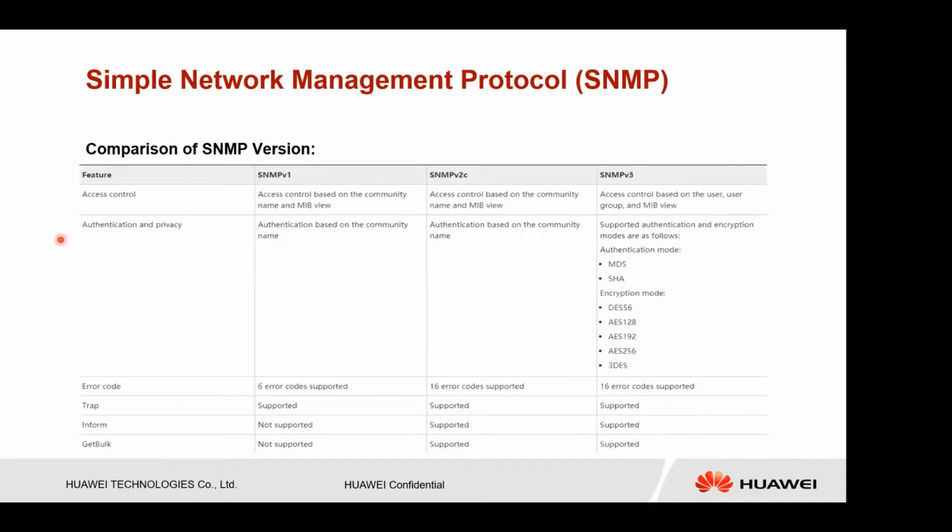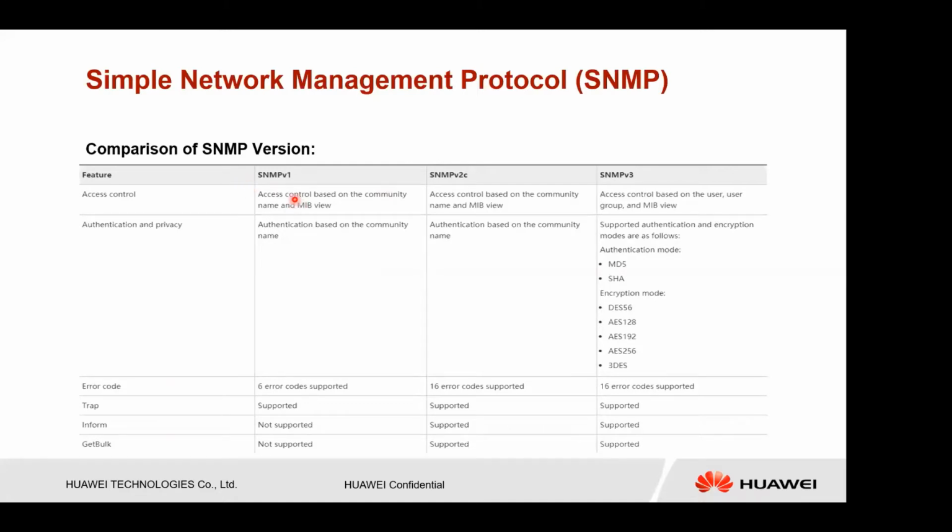So in this table here, I have summarized the features that are supported in SNMP v1, v2c, and also v3. The first one is access control. For SNMP v1 and v2c, we use access control based on the community name, which is read and also write.